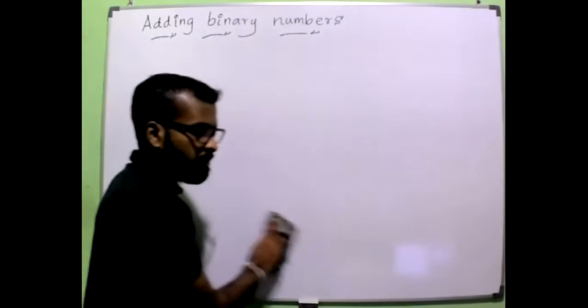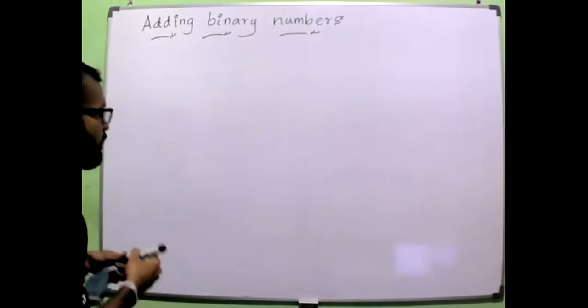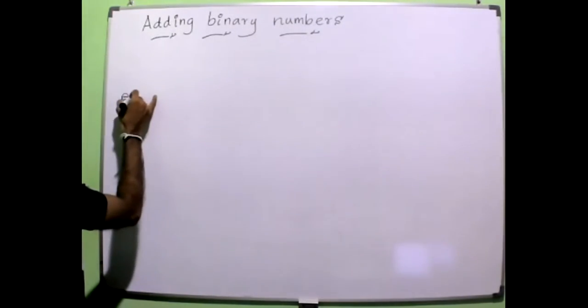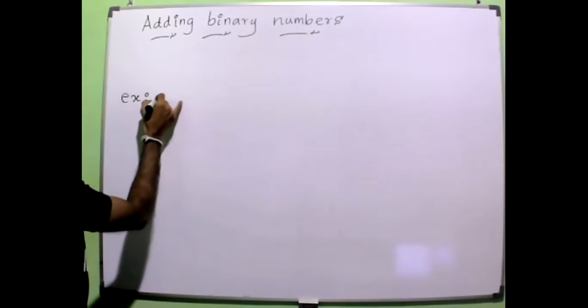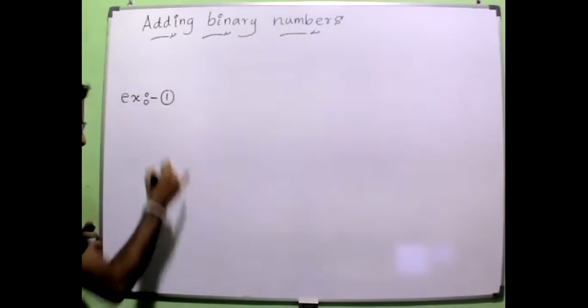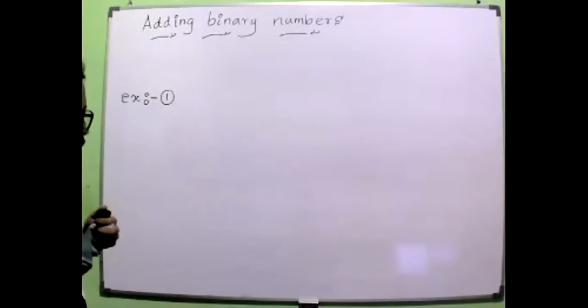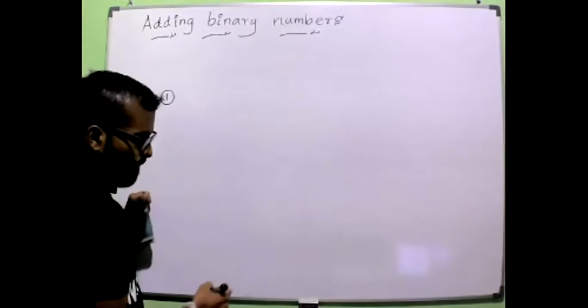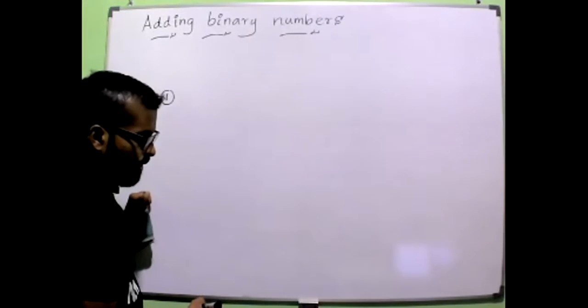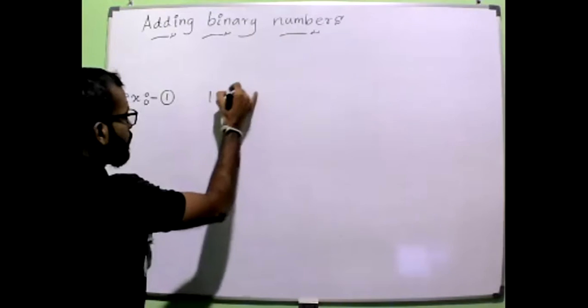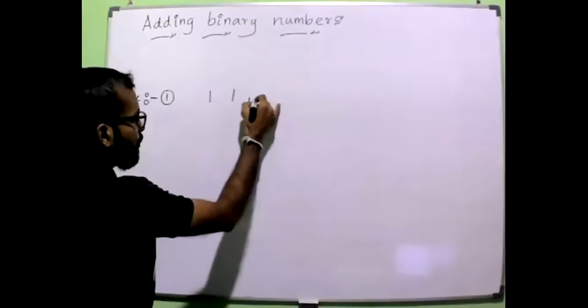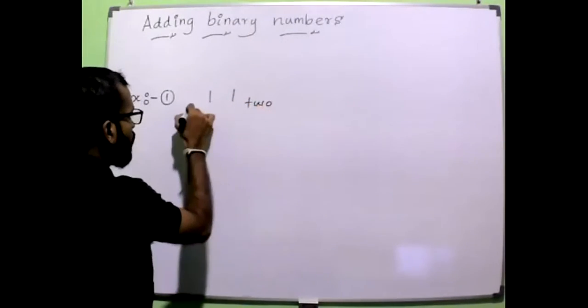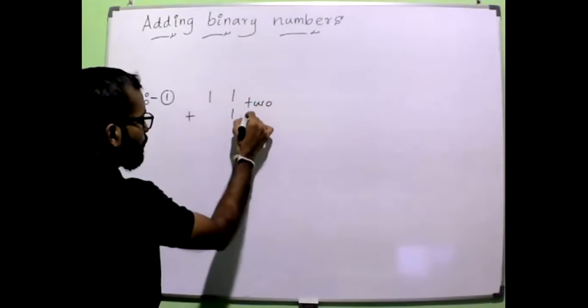Don't write anything. I will do the first example with you. Example number 1: I am going to add binary numbers. For the first example, 1 1 base 2 plus 1 base 2.